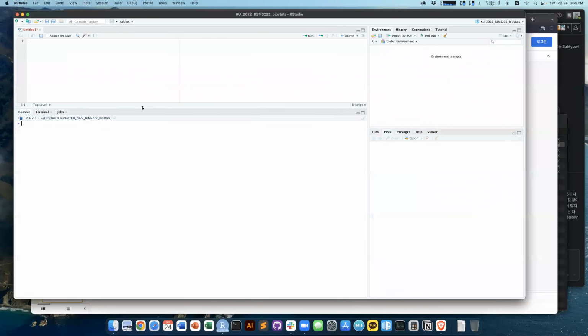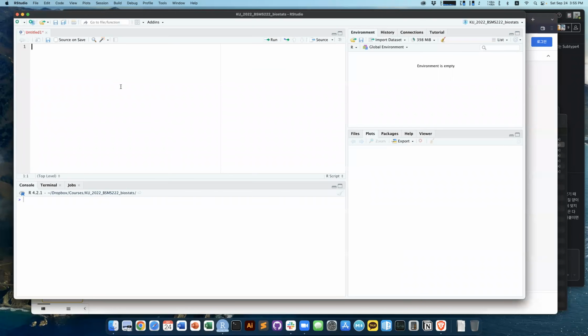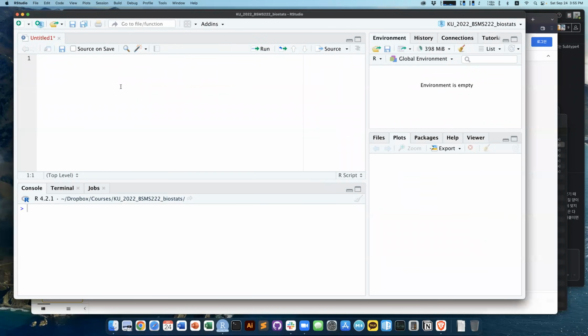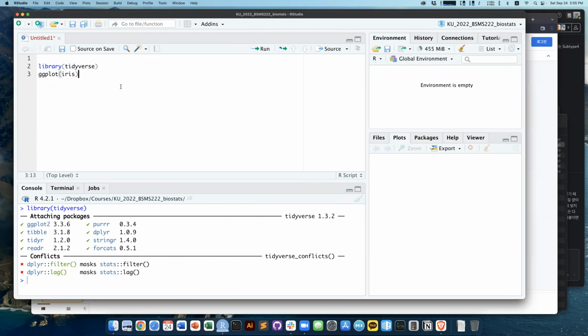So let's go to here. Iris, this is iris. Library tidyverse. Come on, tidyverse. Oh no. ggplot, iris. Okay, so these days we're going to use this, right?